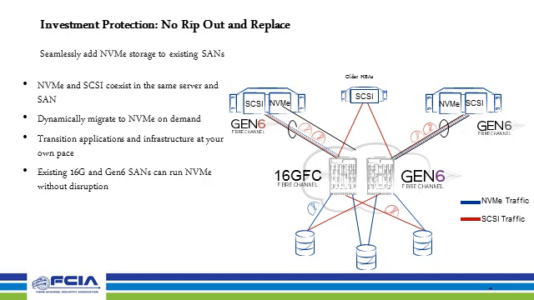In practical terms, both 16 gig and Gen 6 fabrics from both mainstream vendors will support NVMe over Fibre Channel, that is FC-NVMe, concurrently with FC-SCSI. Typically, the HBA vendors need the newer silicon.